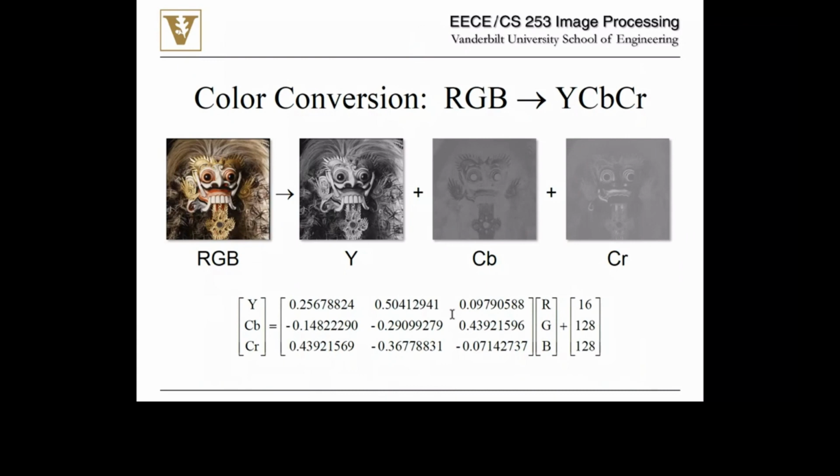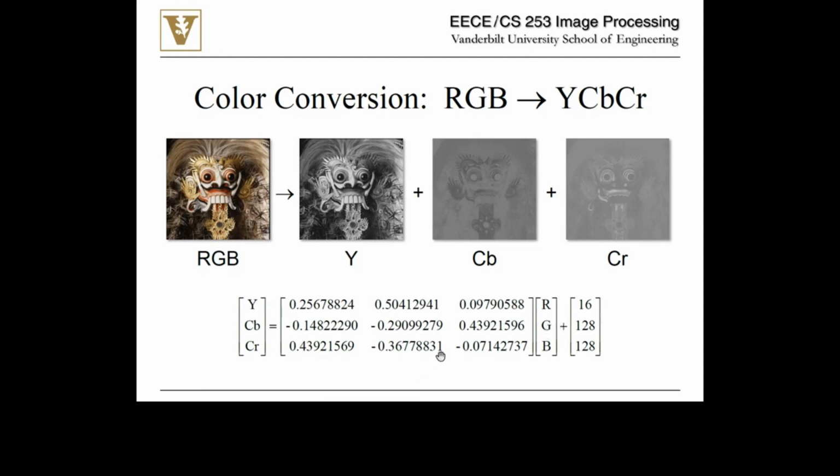So the first step was to decompose the RGB image into luminance and chrominance. And this is achieved with this matrix transformation. You take the RGB code, each one of the components is between 0 and 255.